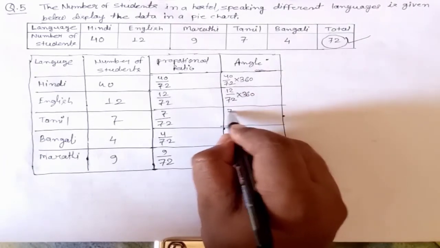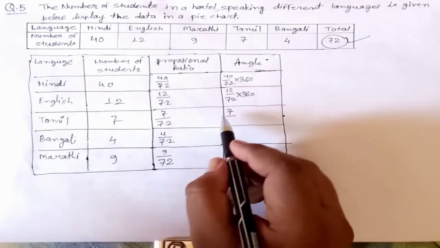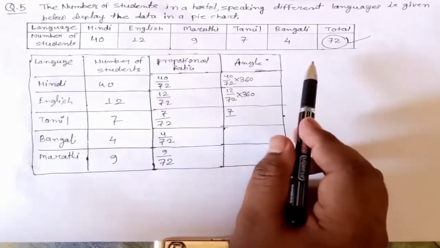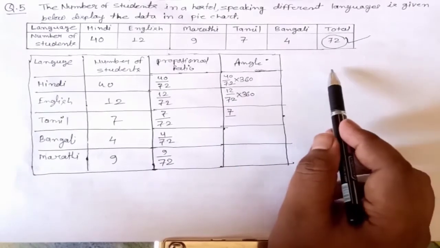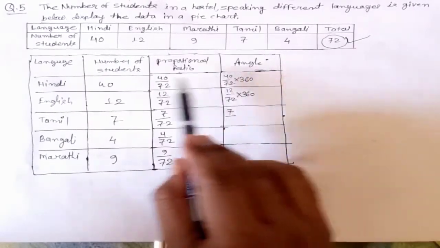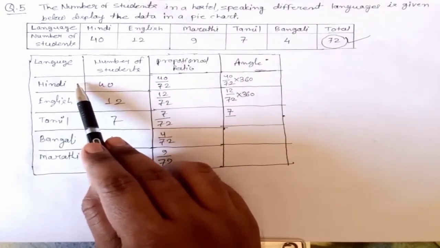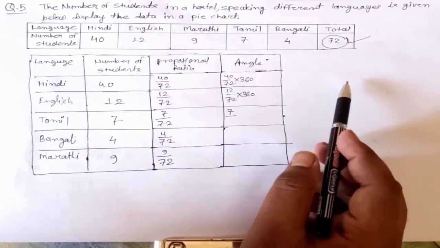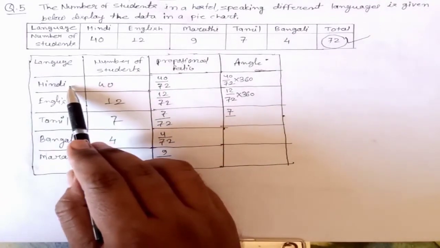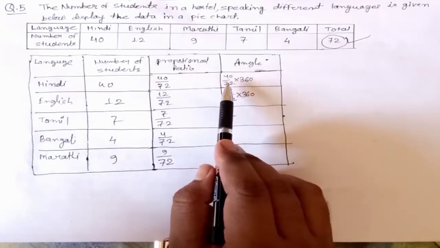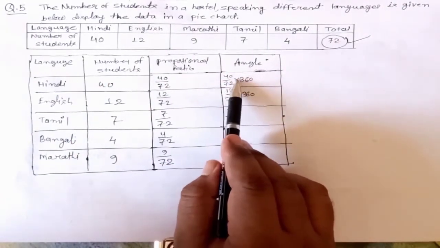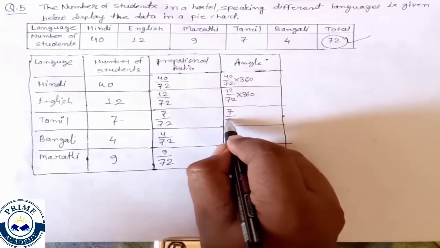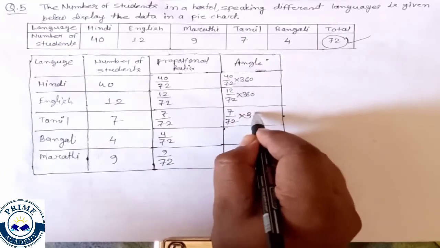In the same way as in the previous questions, I have already told you that you have to multiply by 360, because a circle is made of 360 degrees. So you have to calculate how much angle is subtended at the center by this Hindi sector. This is a proportion, and multiply by 360 in each sector, right? So just repeat it into 360.